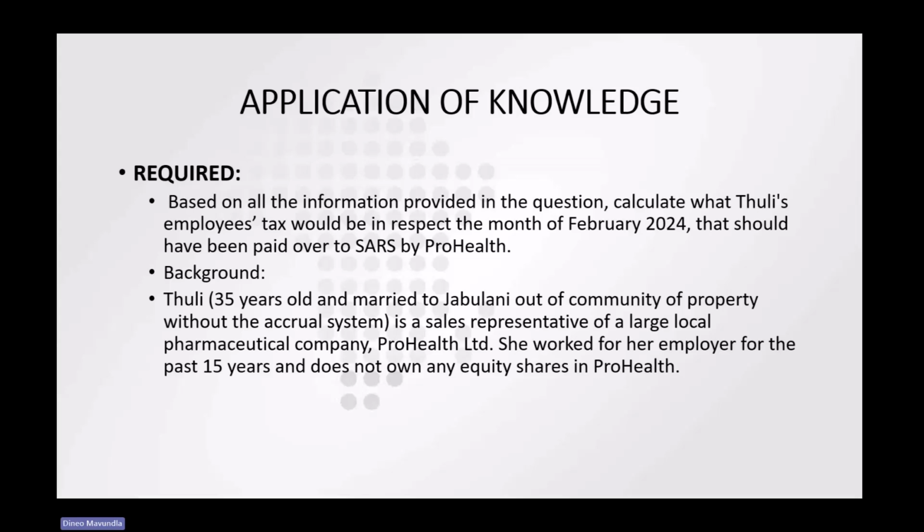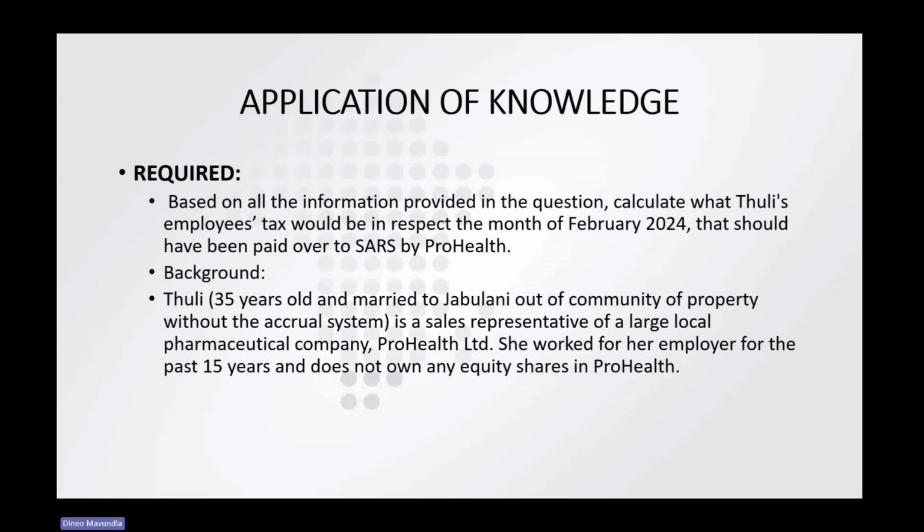So it says to us, based on all the information provided in the question, calculate what Thuli's employees tax would be in respect of the month of February 2024. That should have been paid over to SARS by Pro Health. The background. Thuli is 35 years old, married to Jabulani out of community of property without the accrual system.